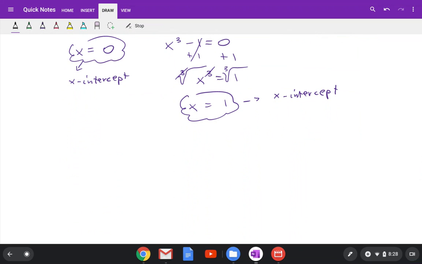Okay, step 3. Use the x-intercepts to build intervals.